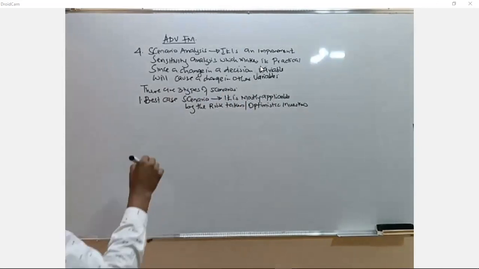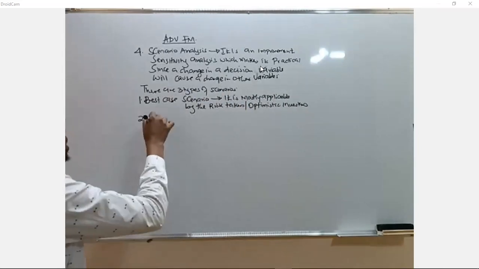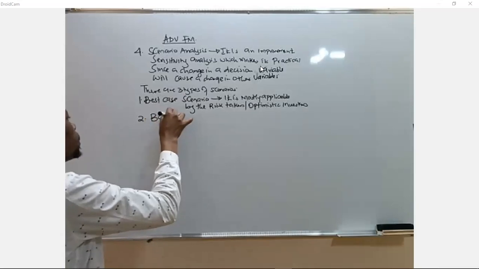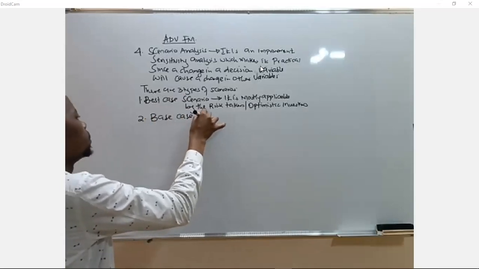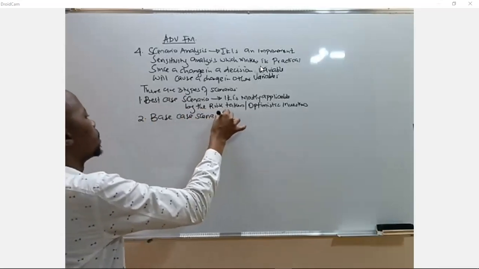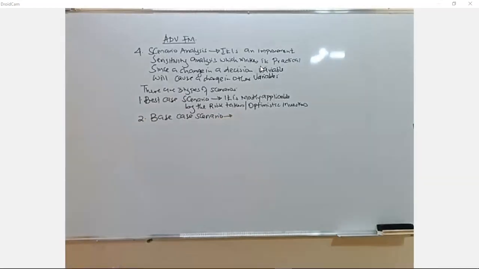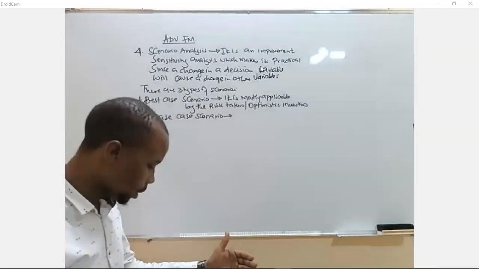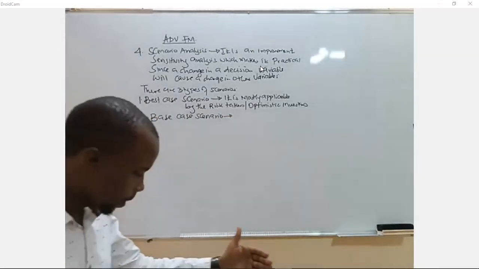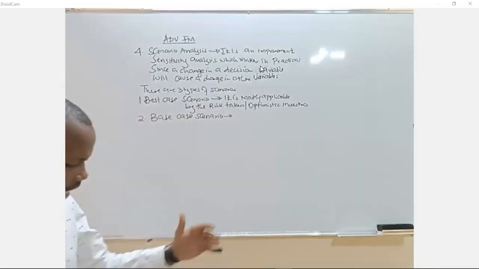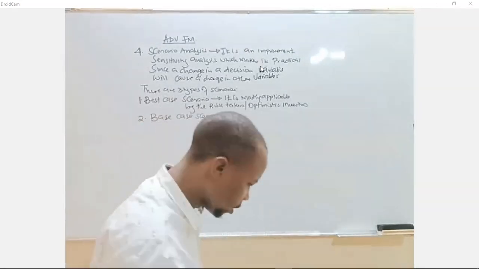Number two, we are discussing the base case scenario. When you look at it, we are looking at the people who normally make decisions. Looking at Mwenda today, you might be saying, can I invest in Safaricom? No, but it is risky already, they are making losses, right?